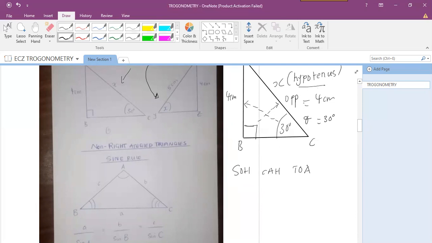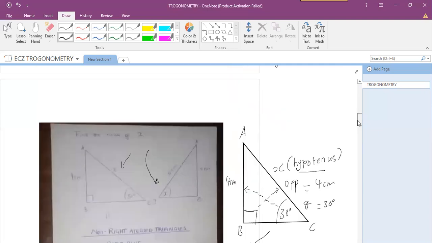Which trigonometric ratio can we use that has both hypotenuse and the opposite? Sine, right? We can use sine.